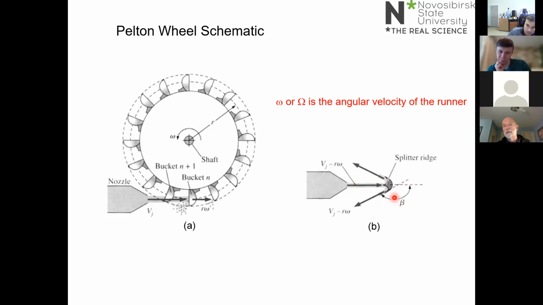This angle beta, surprisingly, is usually close to 180 degrees. It's minimized in this figure just to keep the arrows away from each other. I forgot to put it on the slide that's coming up, but usually when you do the analysis of a Pelton turbine, you assume that beta is going to be 180 degrees.